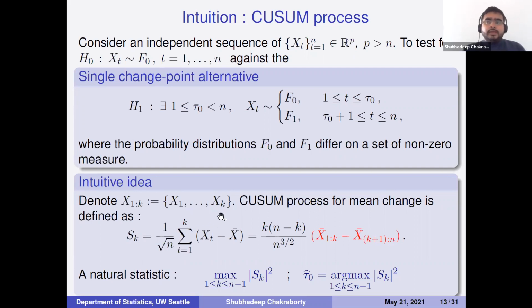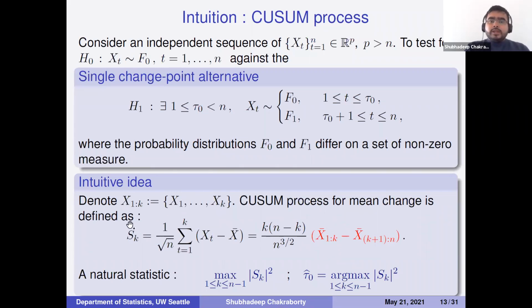So in the change point literature, one usually defines a cumulative sum process, or CUSUM process, which is defined in this way, which after just a few algebraic manipulations can be shown to be some suitable weight function in terms of k and n. And k is just a point.